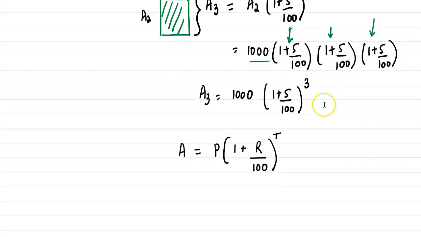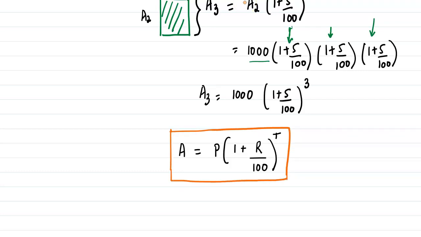So I have tried to generalize this to get a formula for compound interest. In compound interest, every year the amount increases by a factor of 1 plus R by 100, which is raised to the power of the number of times the interest is applied. So we get the amount.